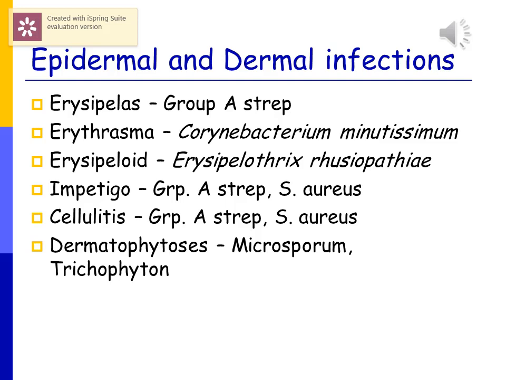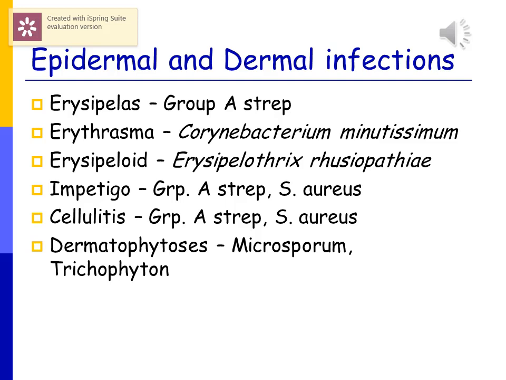Your epidermal and dermal infections. So you have erysipelas, which is caused by group A Streptococcus or Strep pyogenes. You have erythrasma, which is caused by Corynebacterium minutissimum. You have erysipeloid, which is caused by Erysipelothrix rhusiopathiae.